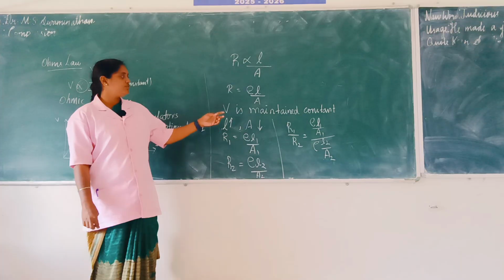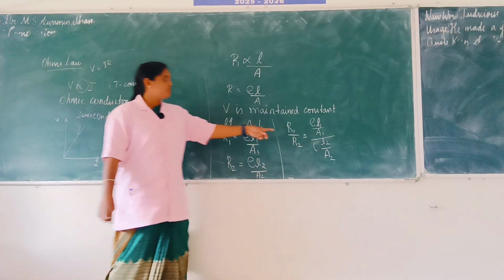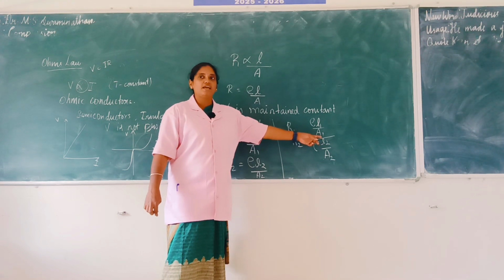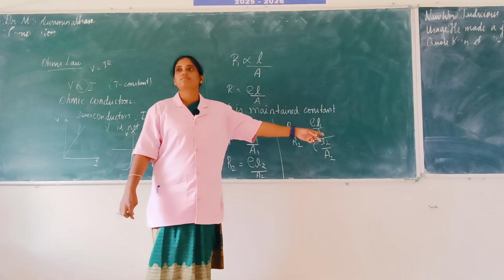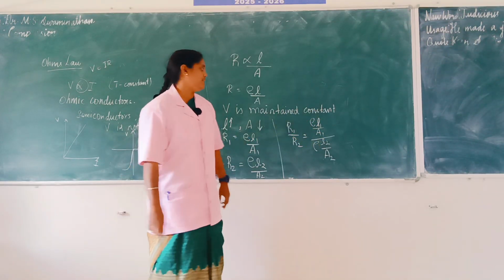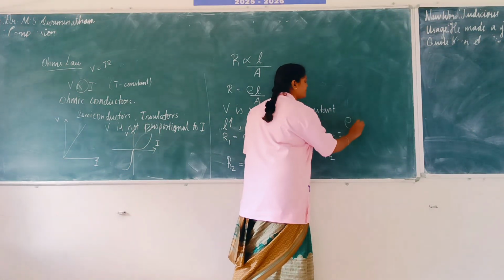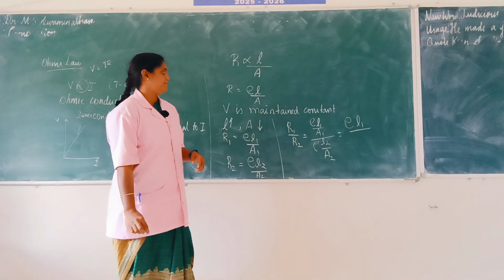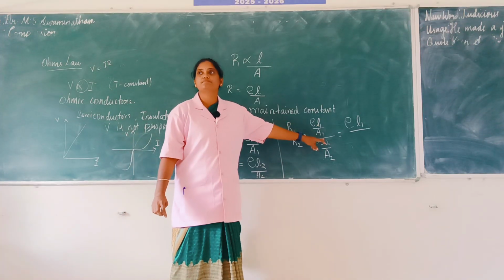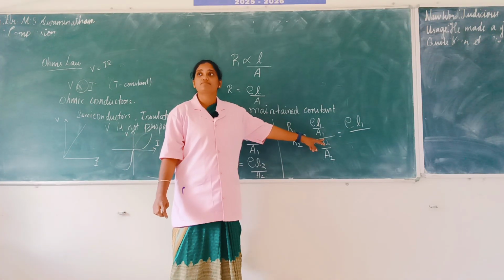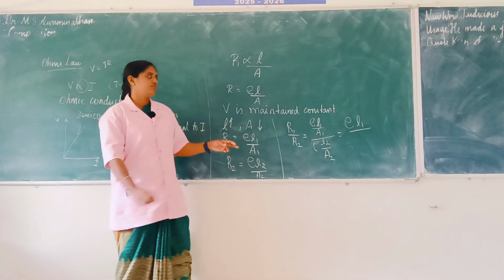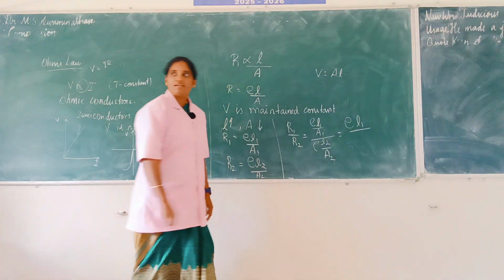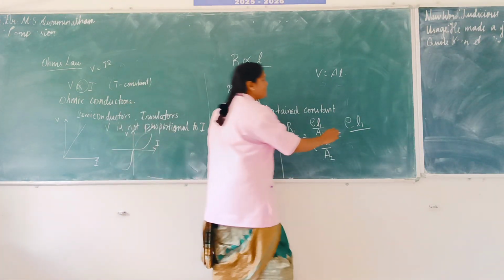I already told you that volume is maintained constant. So this A can be written in terms of length and volume, isn't it? Volume is equal to A into L, so A1 can be written as V by L1.